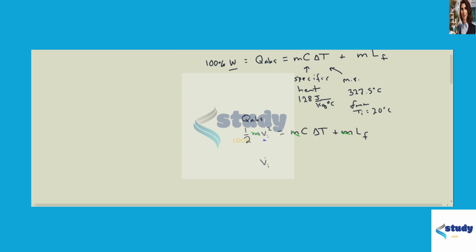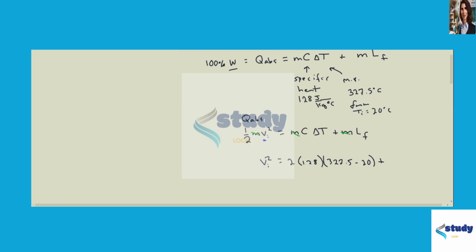And solving for the initial speed squared, 2 times 128 times the temperature difference, 327.5 minus 20, that's in degrees centigrade.